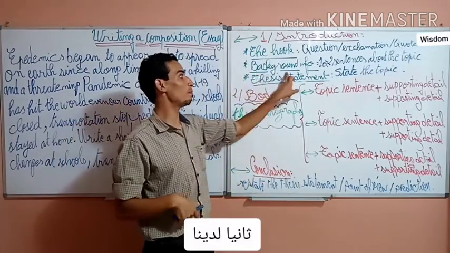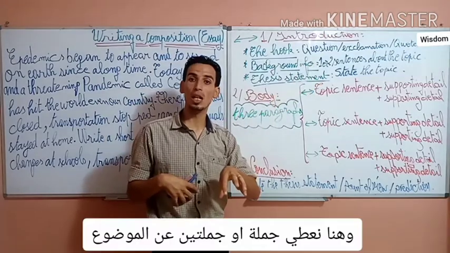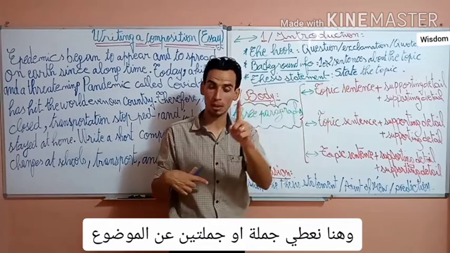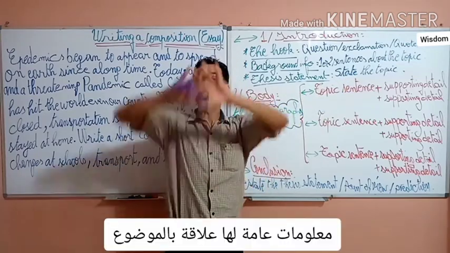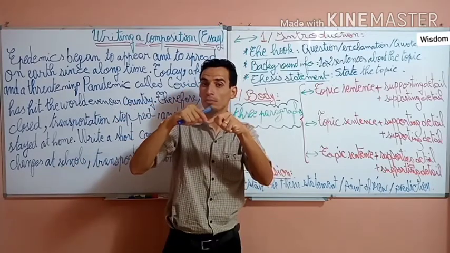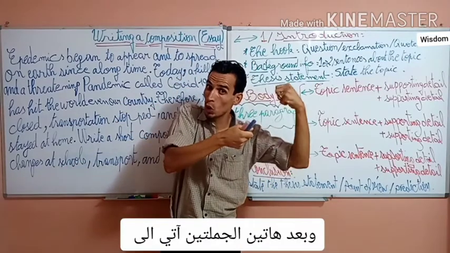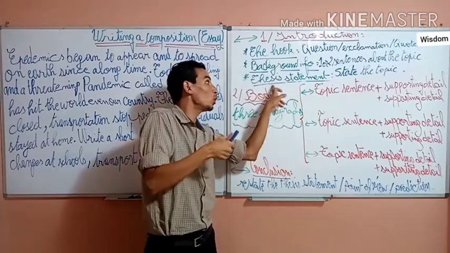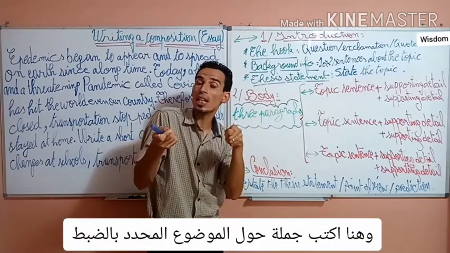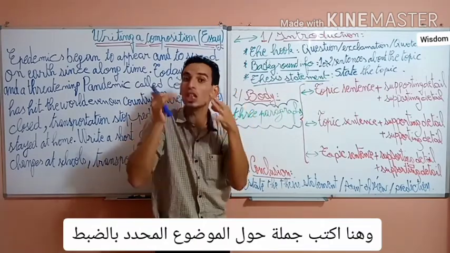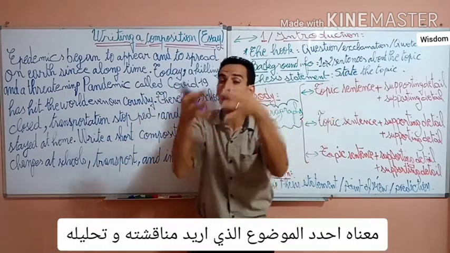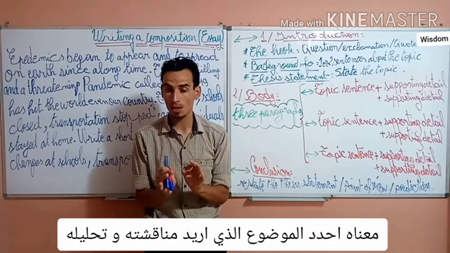Number 2, we have the background information, and here we give 1 or 2 sentences about the topic, general ideas related to the topic. And after these 2 sentences, I come to the thesis statement, and here I write a sentence about the exact topic, meaning I state the topic that I want to discuss and analyze.